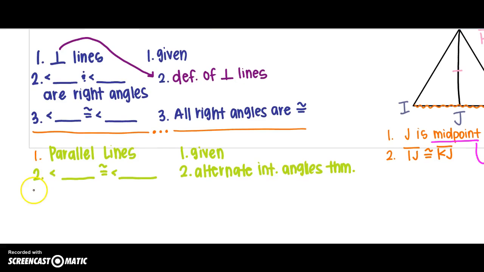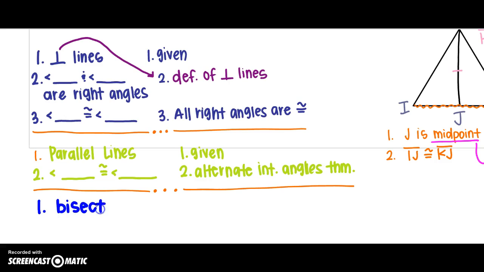And the last thing that we have talked about that you should know, if we know that a line is bisecting an angle, and that's our given, our next step gives us two congruent angles.